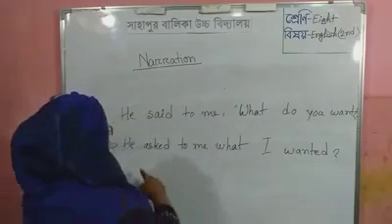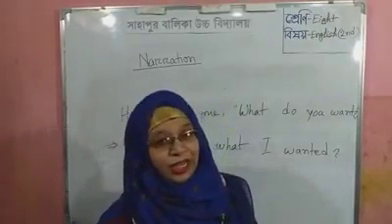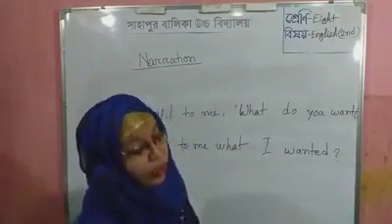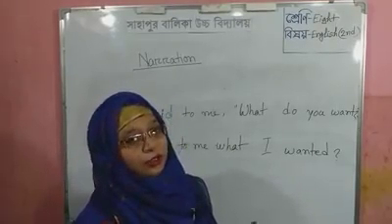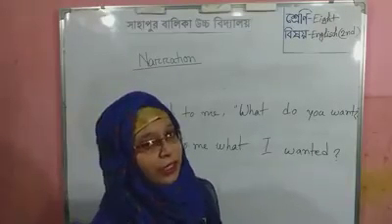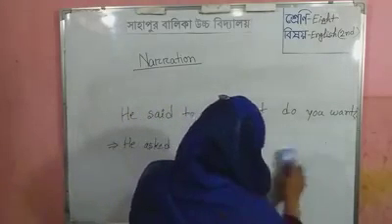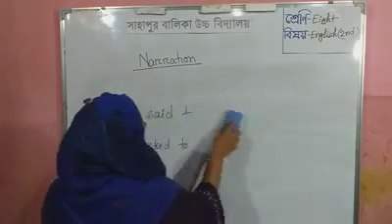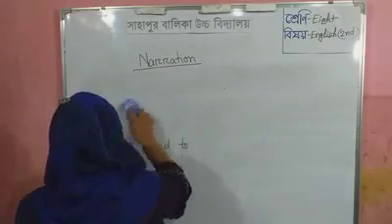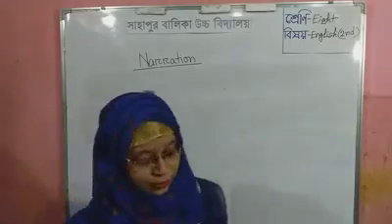So he asked me what I wanted. So now you can understand where we use if, whether, and where we use what, where, when. Okay. Now I think you have clear knowledge about changing interrogative sentences from direct to indirect.